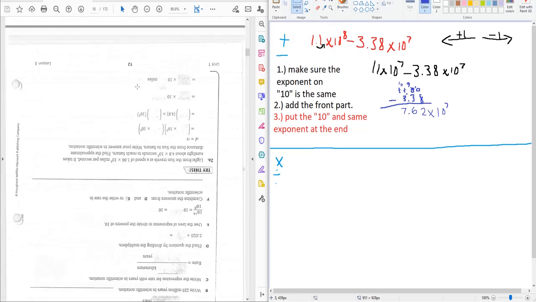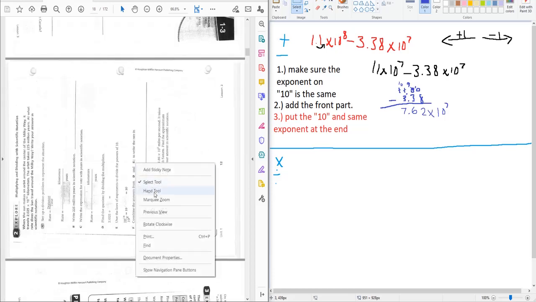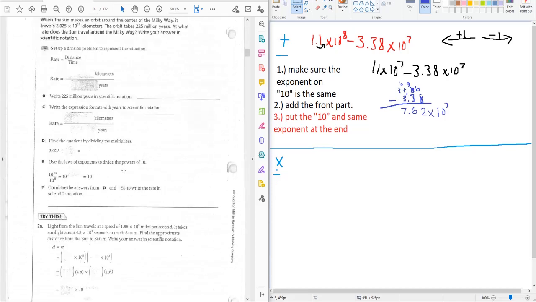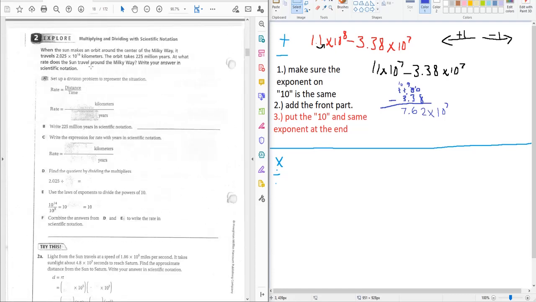All right? So for multiplication and division, I've decided that I'm going to do it in this video. Let's say that we have these two numbers. 2.025 times 10 to the 14th, and then this is 225 million.